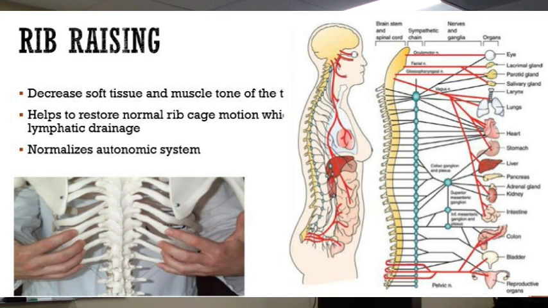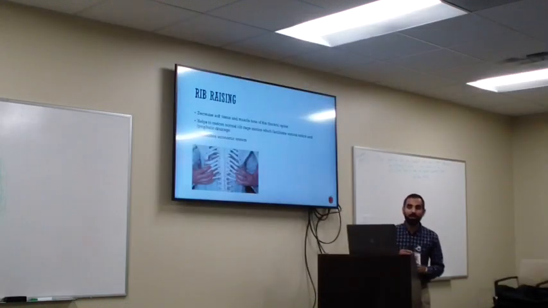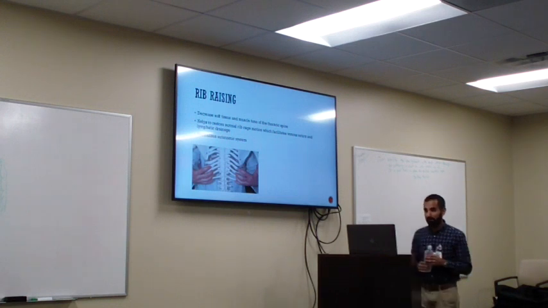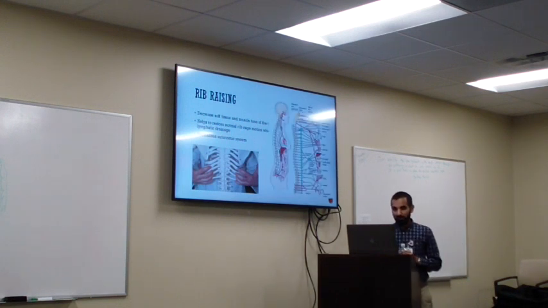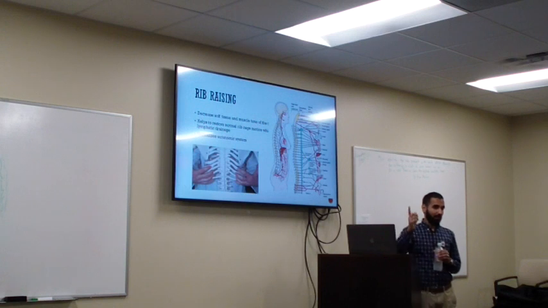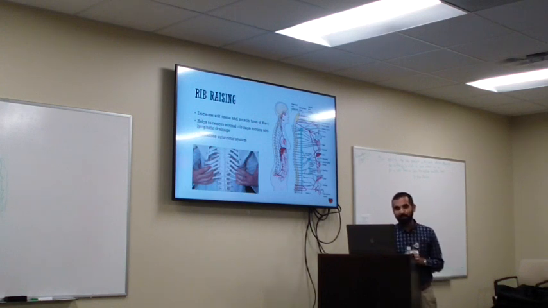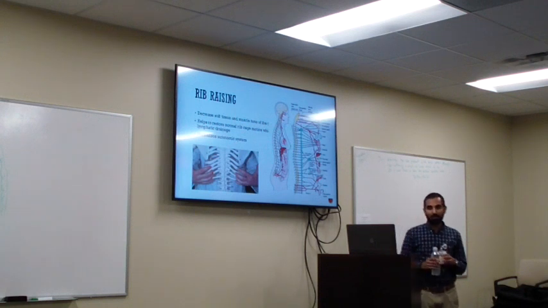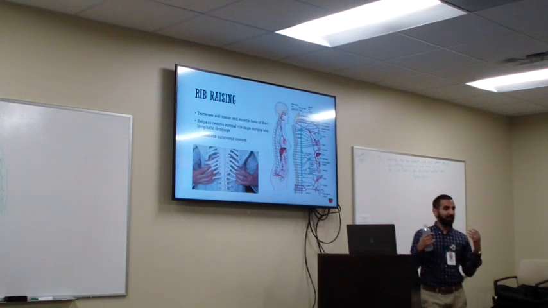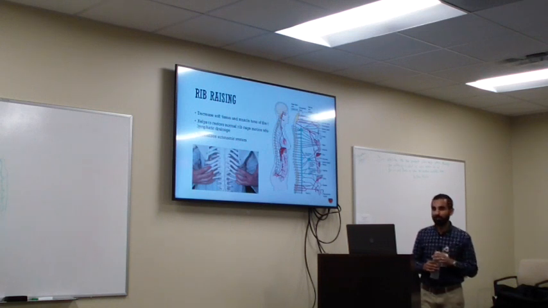The idea is that it's supposed to restore normal rib cage motion and also normalize the autonomic system. How does it normalize the autonomic system? The sympathetic chain tends to be just around that area where you're engaging the ribs. So that's the theoretical objective behind doing rib raising.